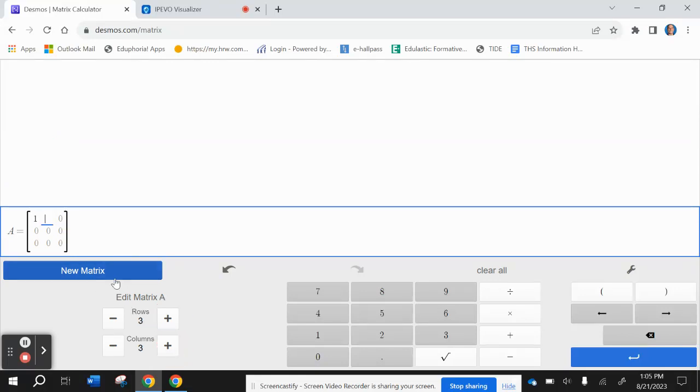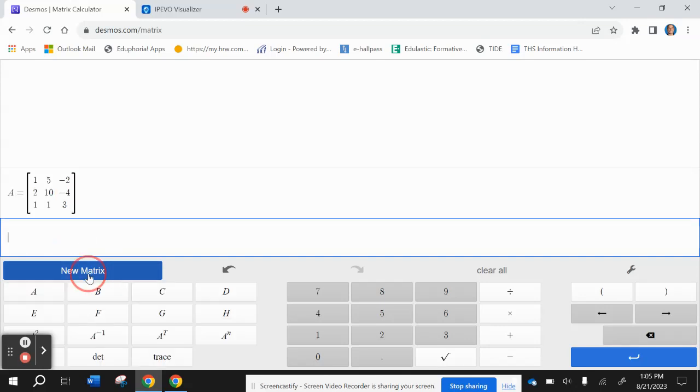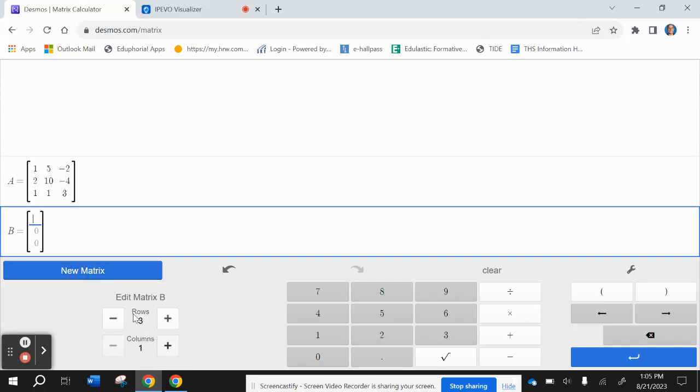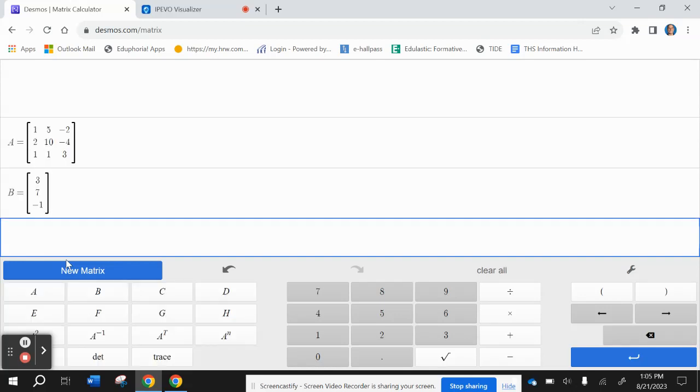That's 1, 5, negative 2, 2, 10, negative 4, 1, 1, 3, and then new matrix, 3 by 1, 3, 7, negative 1, and then we're going to do A inverse B. Again, we get singular matrix, so that means it's either no solution or infinite solution.